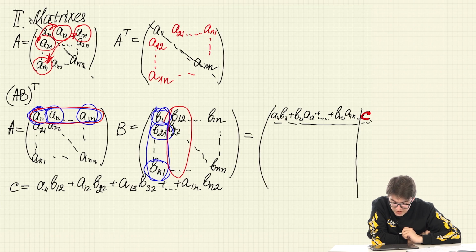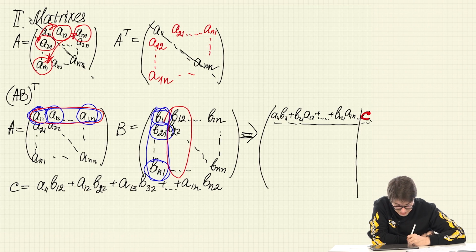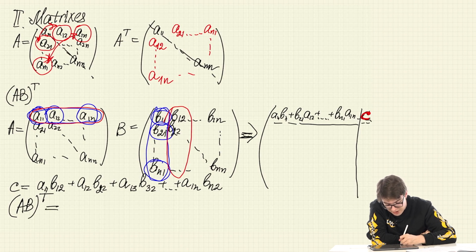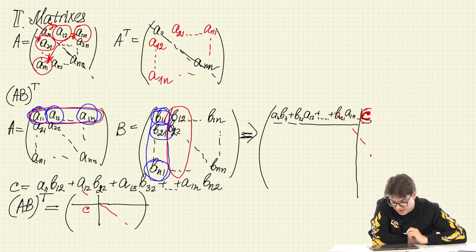And if we transpose the multiplication, this C goes there, from this position according to the main diagonal.